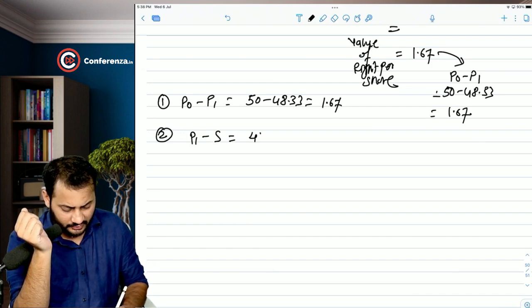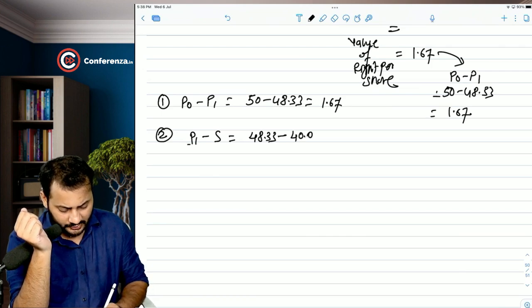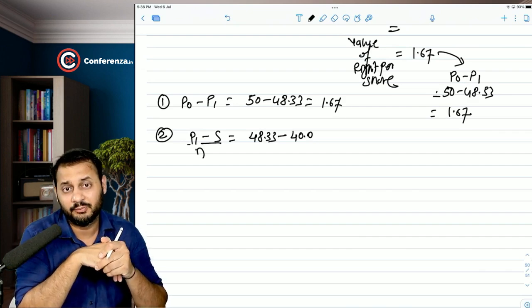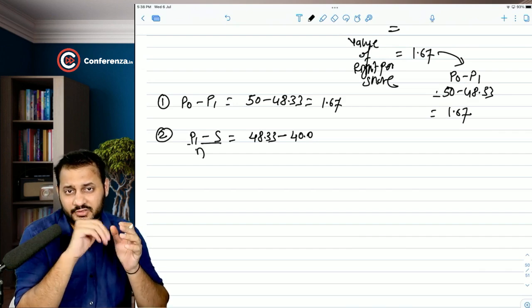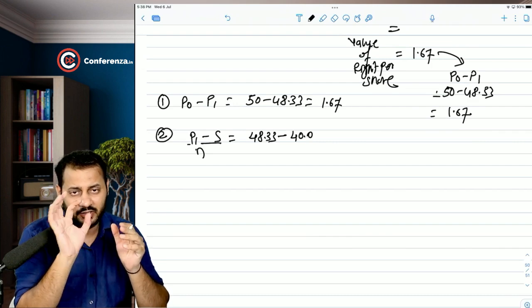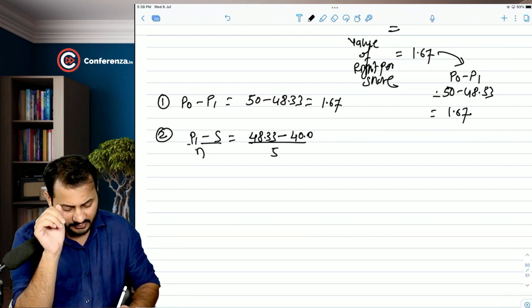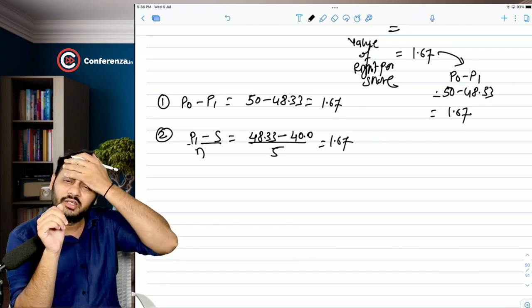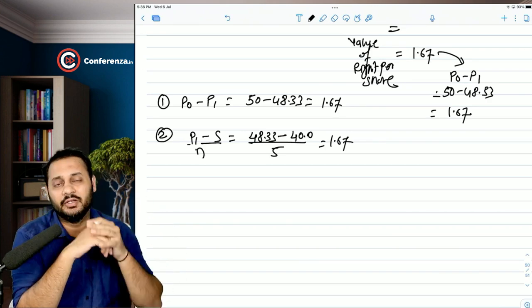What it is going to get us is 48.33 minus 40 rupees divided by N. N means the number of share that you had in the beginning. So you had 5 shares in the beginning. If you had 5 shares in the beginning, it will be like this, 1.67. It will give us the same value.